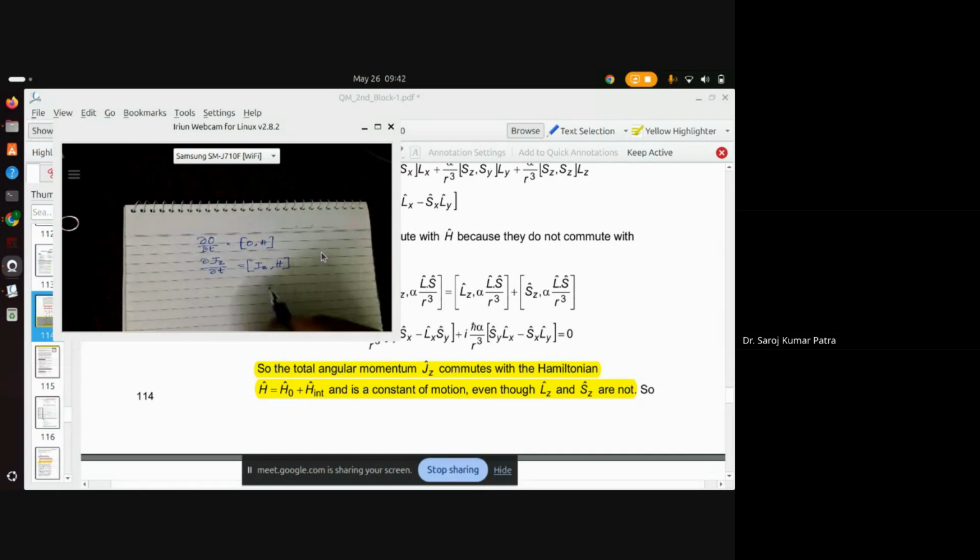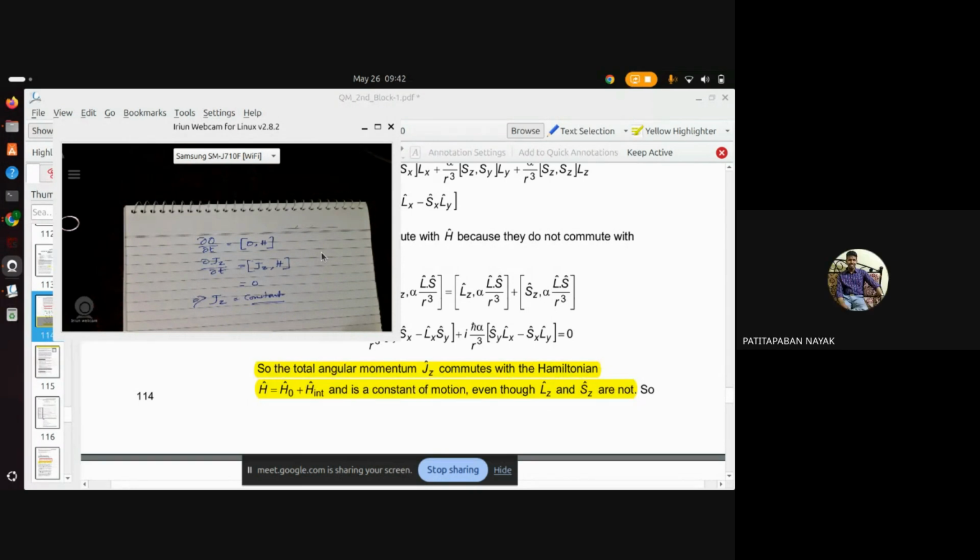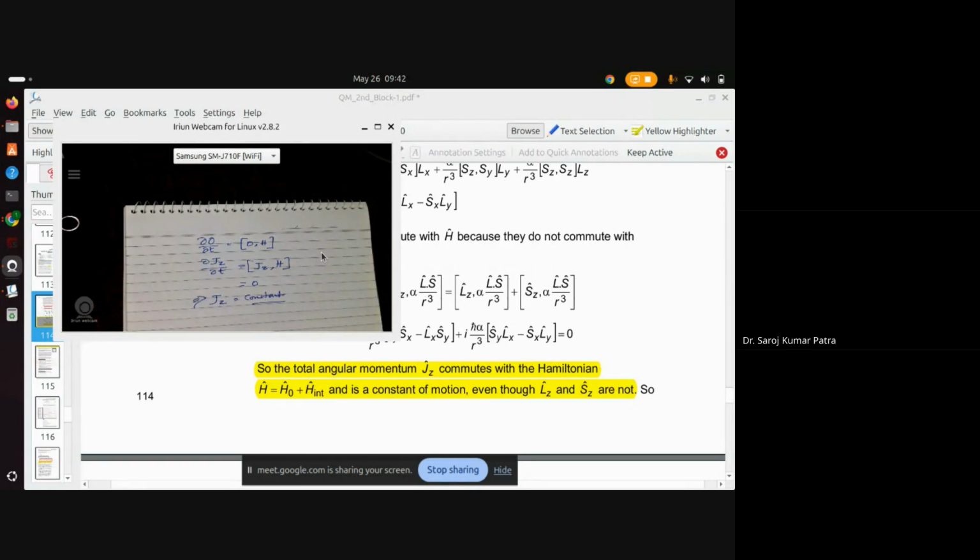But from our calculations we saw that Jz commutes with the Hamiltonian, so that's equal to 0. This implies Jz will be constant. So it will be a constant of motion.